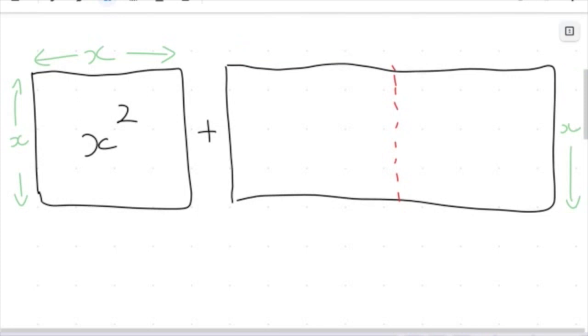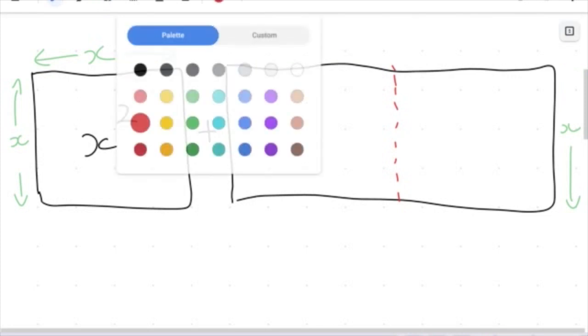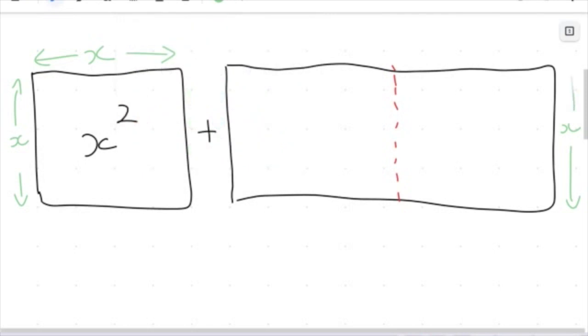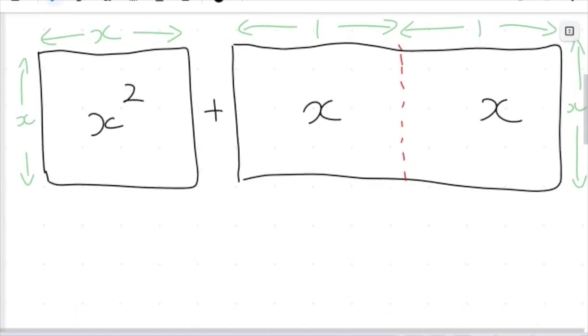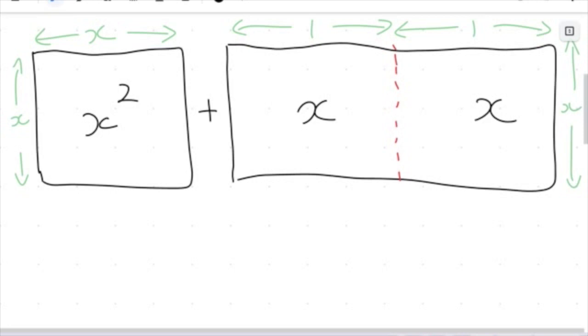I'm going to get something that's still a length here of x, but my area over here is going to be 1. I've essentially halved my 2x into two smaller rectangles. And why don't I try to copy and paste these and attach them somewhere to this one over here?